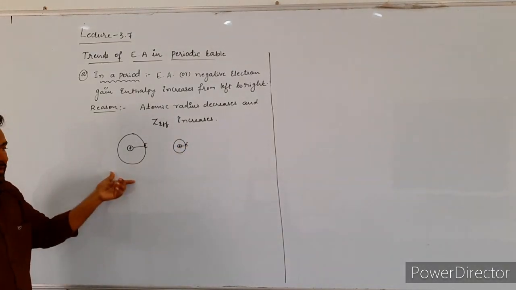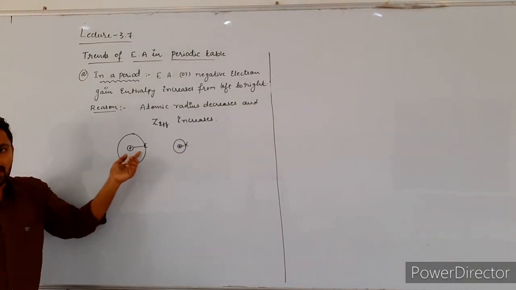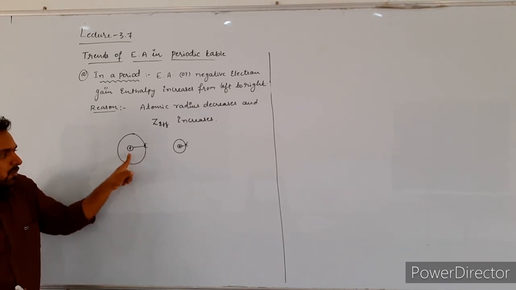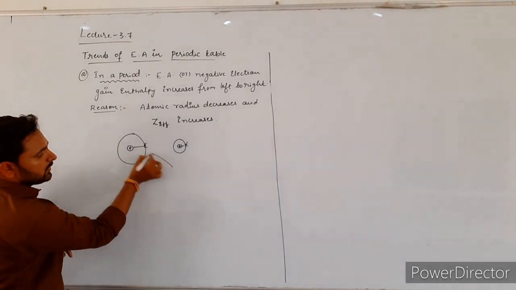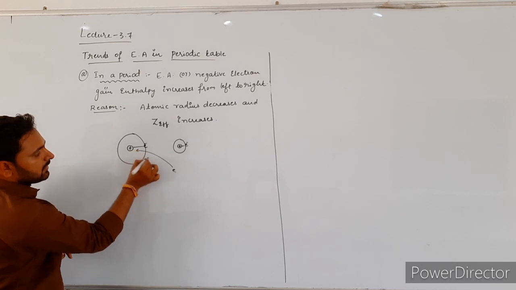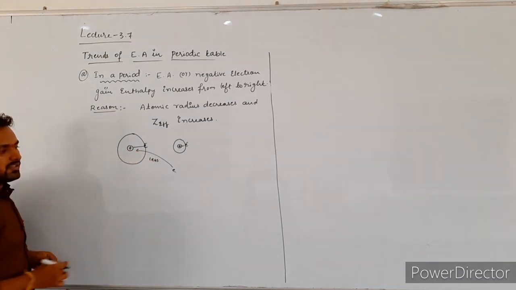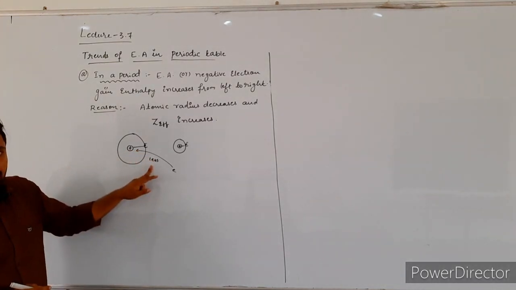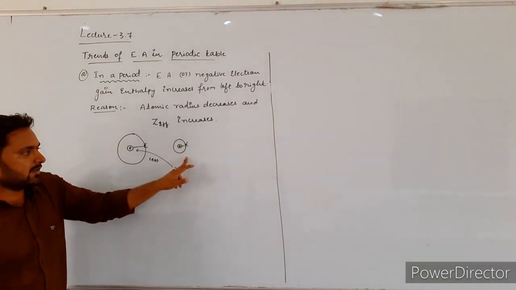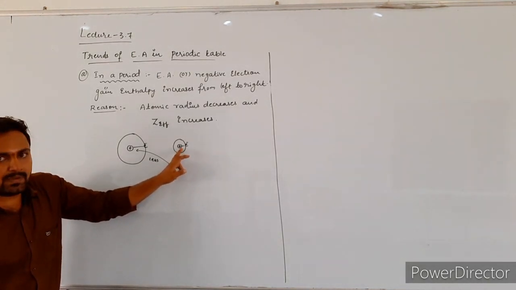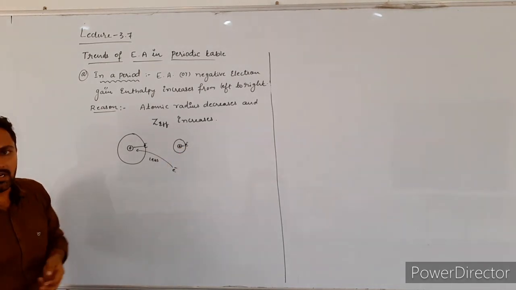In a large atom, due to the long distance, there is less attraction between the outermost electron and the nucleus. That's why large atoms have less tendency to attract an incoming electron. But in a small atom, there is a small distance between the nucleus and the outermost electrons.